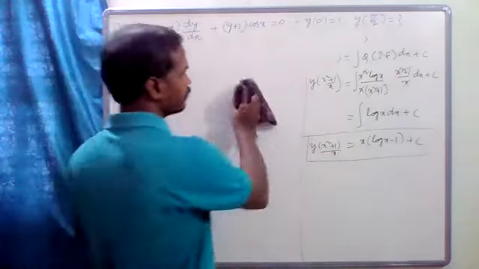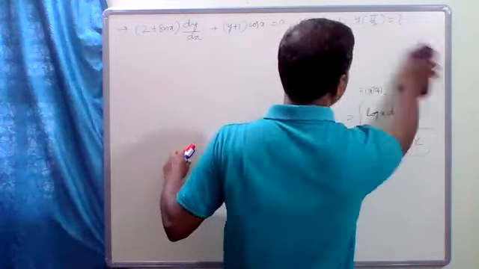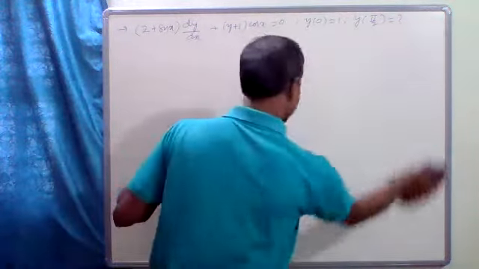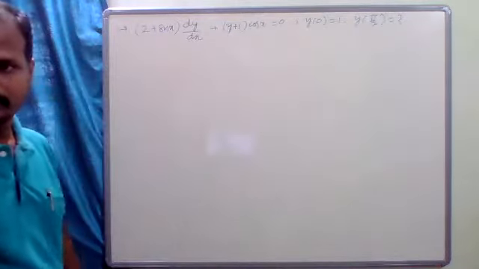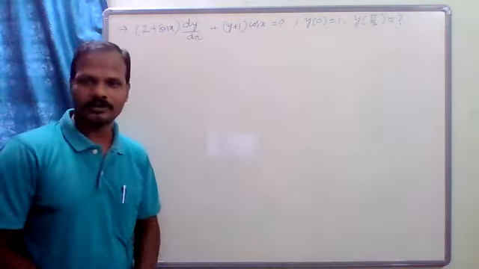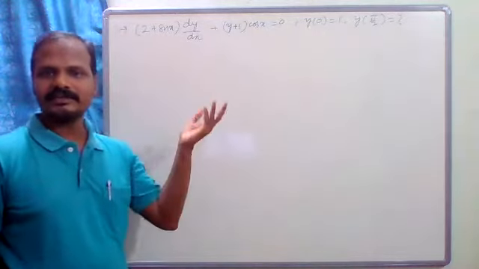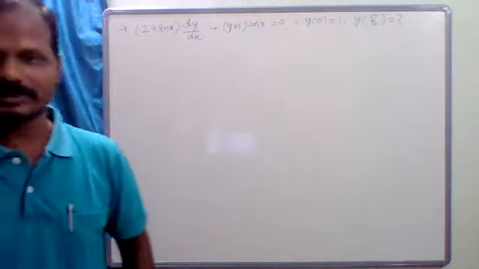So first of all, what do we have to do? If it is linear, linear in x or linear in y, that is what we have to check.